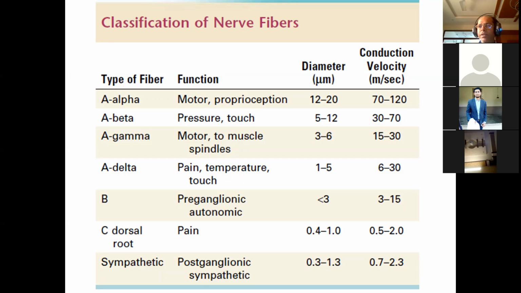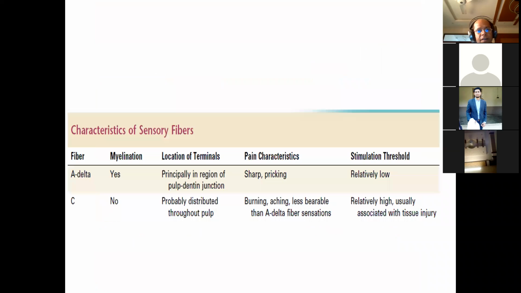So these C fibers are non-myelinated, slow-conducting fibers as compared to A delta fibers, and they are responsible for the dull throbbing, continuous type of pain. Sympathetic nerve fibers are also there.